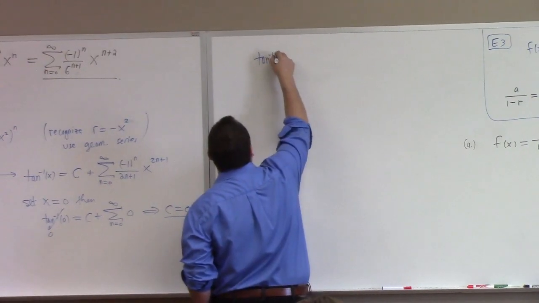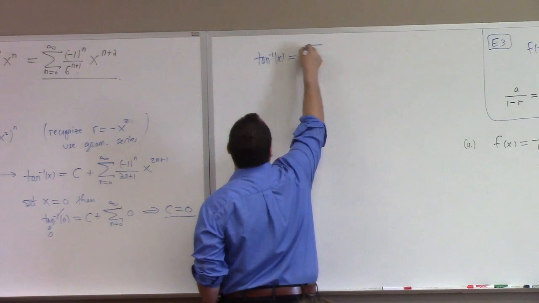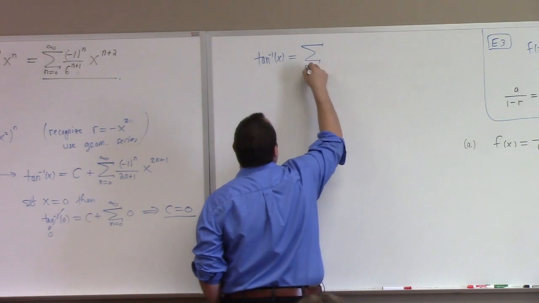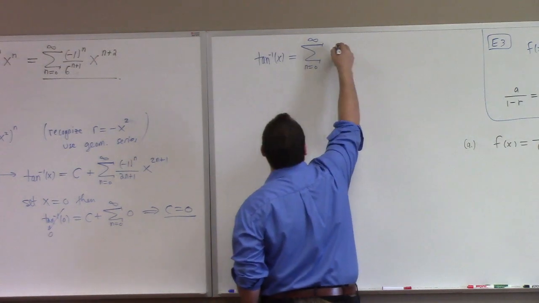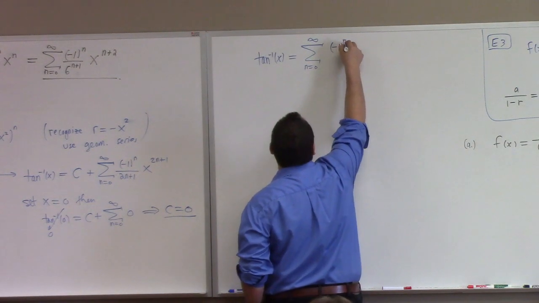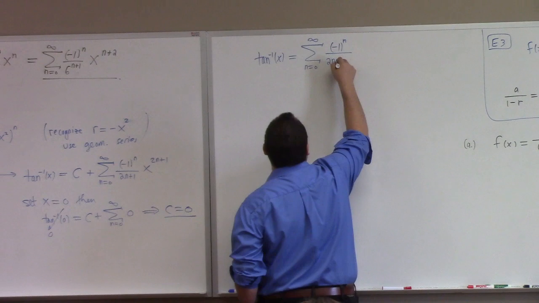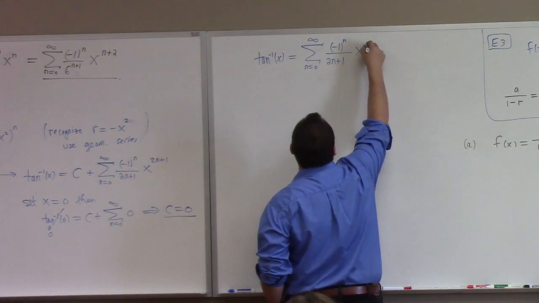The power series for inverse tangent is thus the sum n equals 0 to infinity of minus 1 to the n over 2n plus 1 x to the 2n plus 1.